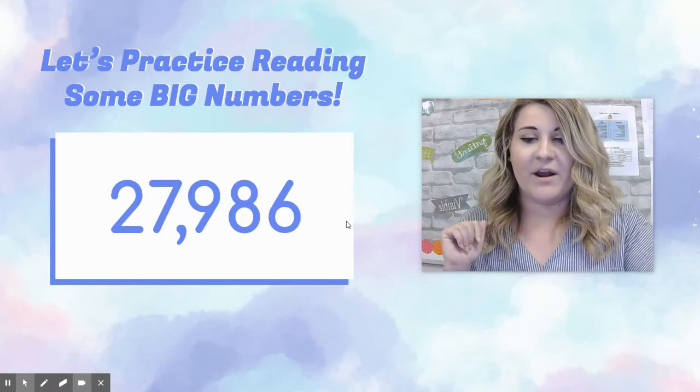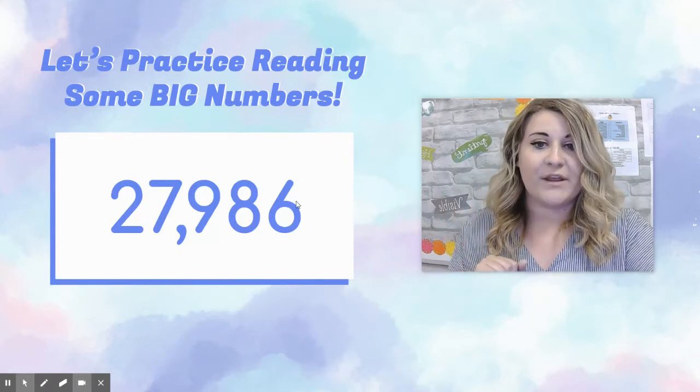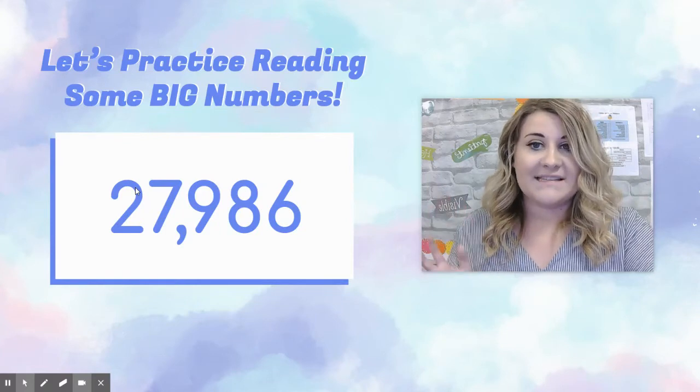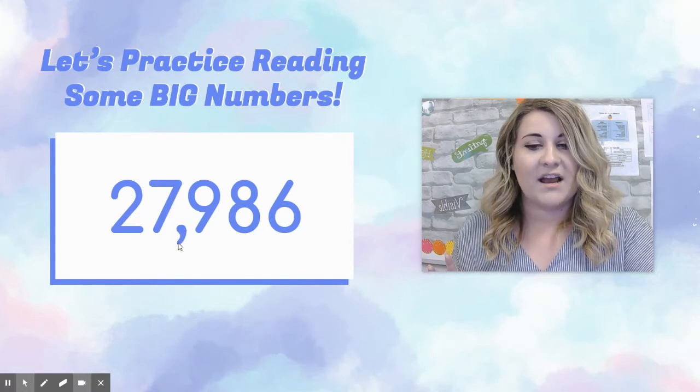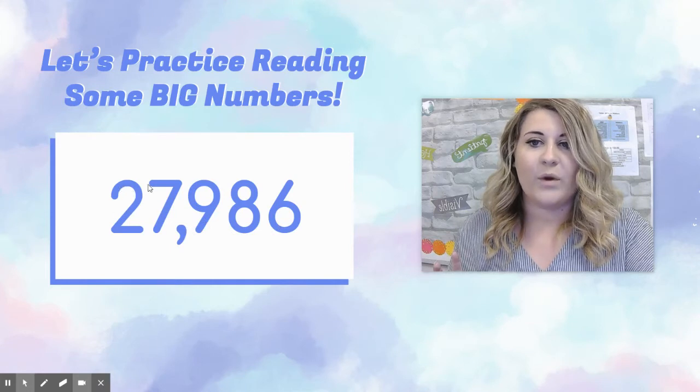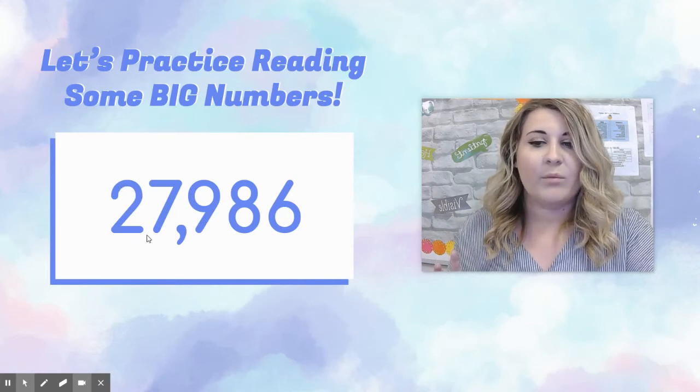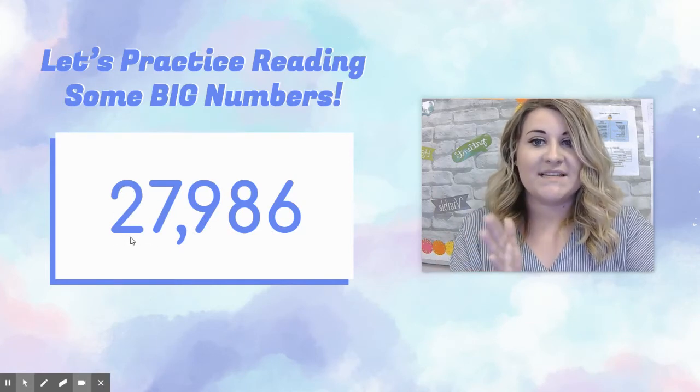So let's try this number. This is a 5-digit number because I only have 1, 2, 3, 4, 5 digits. So we're going to do the exact same thing. We're going to read everything before the comma first. Then we're going to say 1,000 when we get to that comma, and then we'll read the rest of the number after that. So right here, what number is this? The 2 and the 7. We would say that as 27.